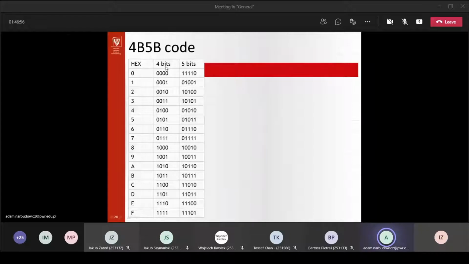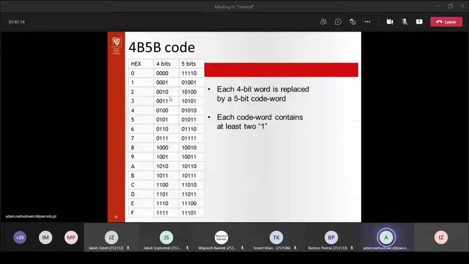So it basically turns 4-bit sequence into 5-bit sequence. So obviously the input is 4 bits, and the output consists of 5 bits. Now, to make the system robust, there are some different operations here.